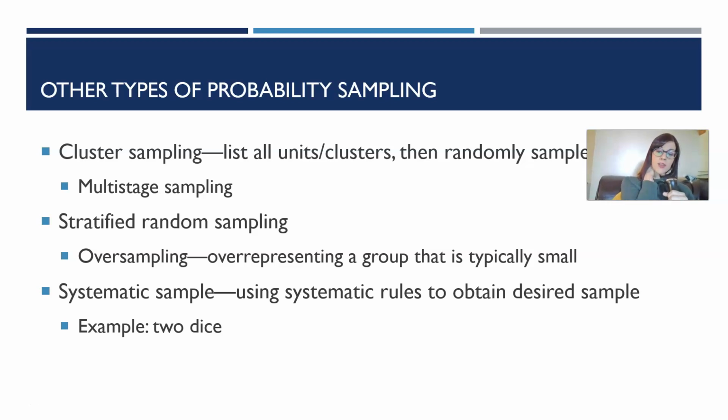So what you might want to do in those cases is overrepresent them in your sample. For example, let's say super seniors, so people who have been at Cotty for more than 4 years. Those typically comprise a very small part of the population. Instead of randomly sampling them, I may choose to include all of them, so that I get a better idea of how that smaller group thinks.